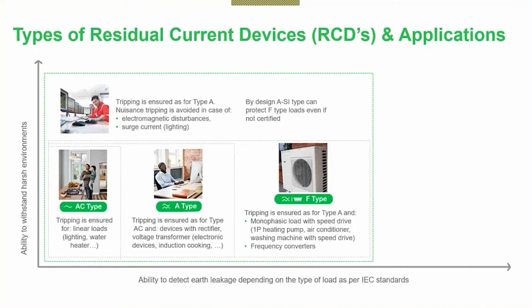The Type A SIs are capable of filtering electromagnetic disturbances and those high frequencies out. They have an increased immunity against transient current, and like I mentioned, they're recommended for all applications where there's a request for high continuity of service. Those types of locations could include hospitals or data centres.